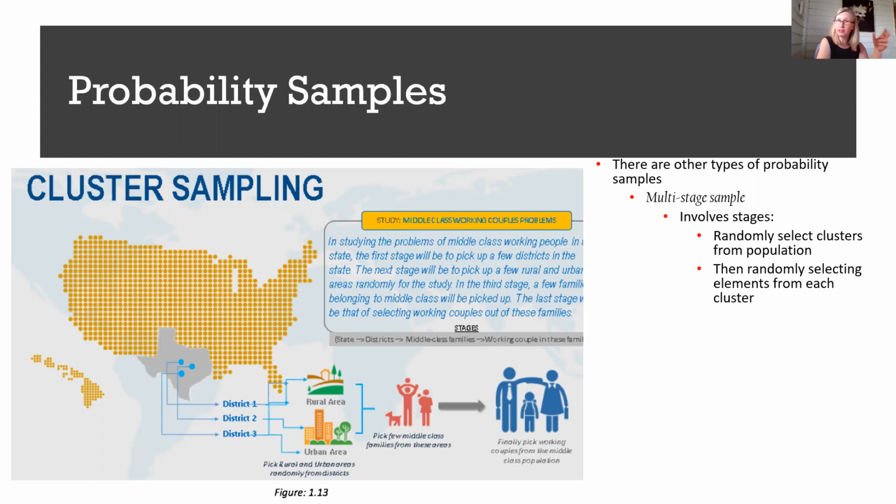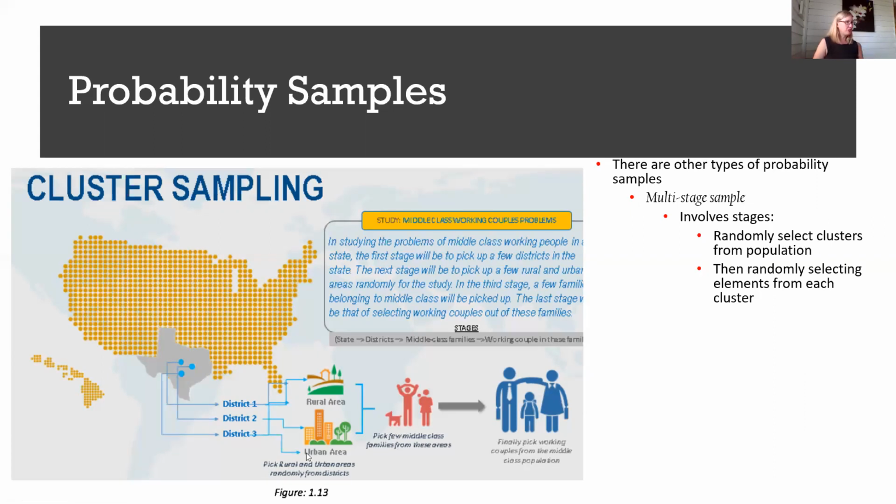From America, from the home state of Texas, we might be looking at middle-class working couples' problems. The first stage in this multi-stage cluster sampling exercise would be to pick a few districts in a state. As you can see here, we might find District 1, 2, and 3 in Texas.